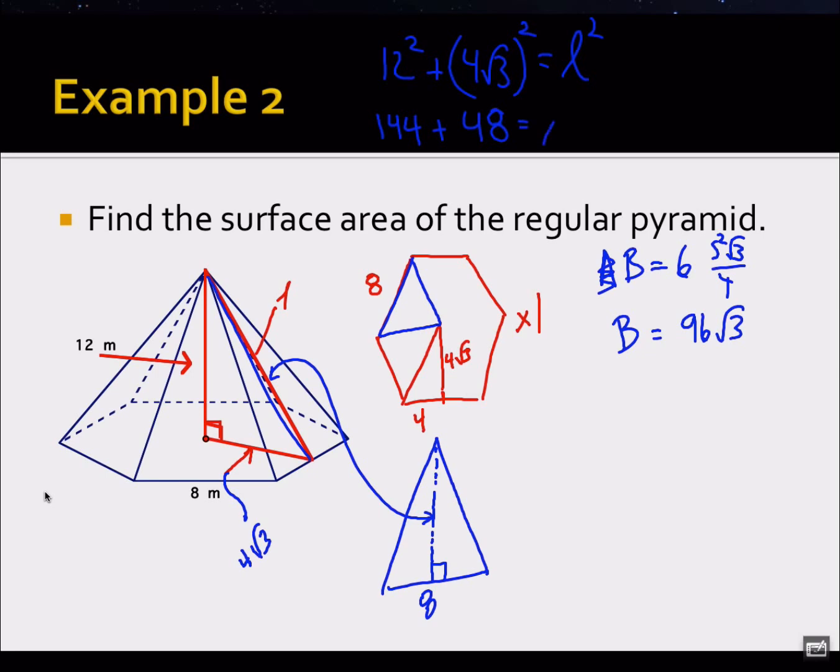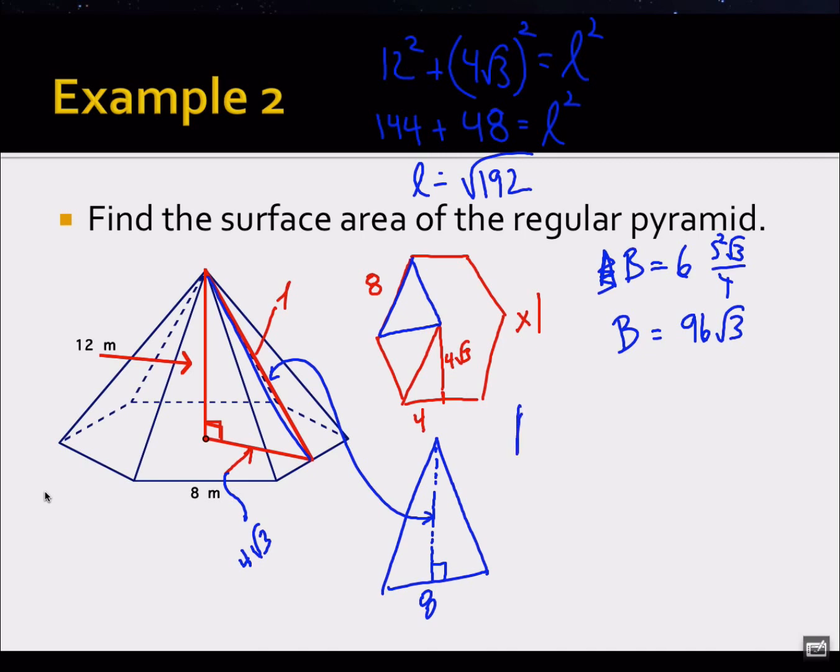So that's 4 squared times the square root of 3 squared. L is then equal to the square root of 192. I'm going to leave it in that form, because I'd like my answer to be nice and correct at the end.